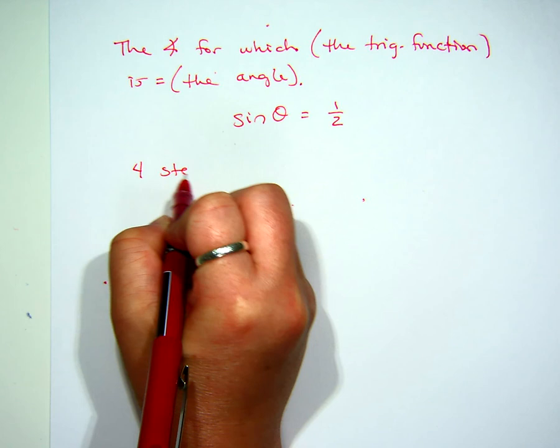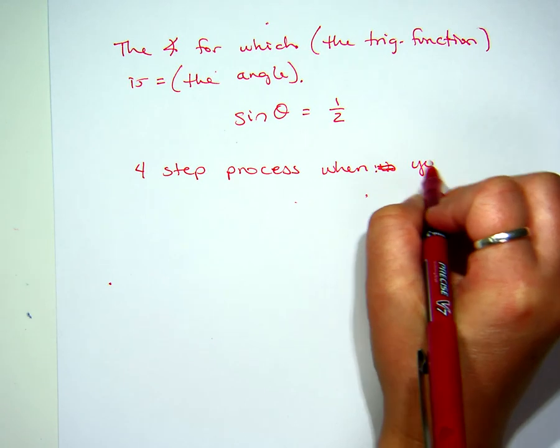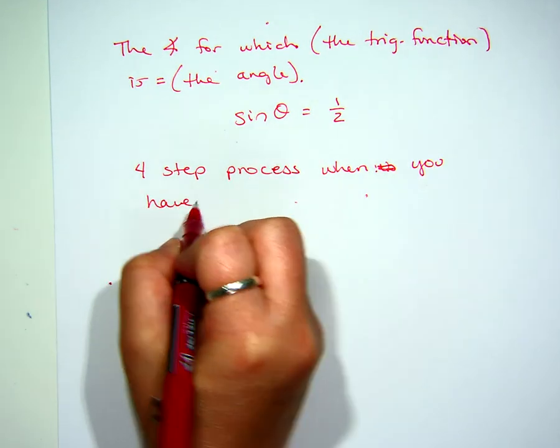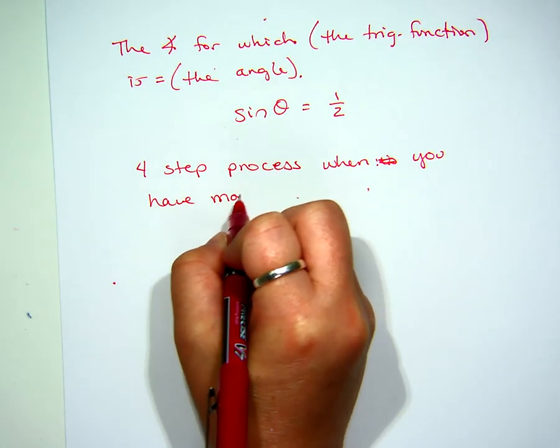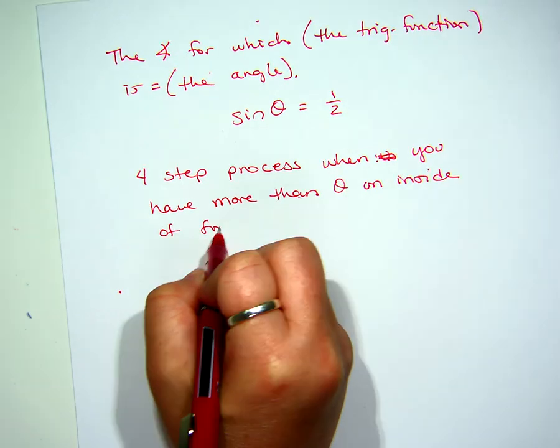When you have more than theta on the inside of the function, for example tangent of 3 theta equals 1, notice the difference here.